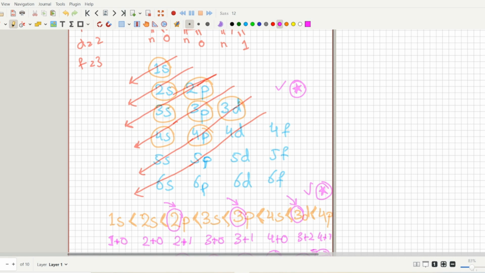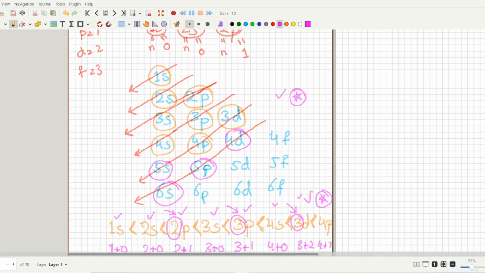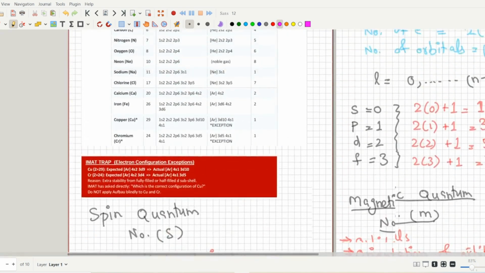For example, the first shell to be filled is going to be 1s, then the second shell to be filled would be 2s, then 2p will fill, and 3s will fill, and then 3p, and then 4s, and 3d, then 5s, then 4d, then 5p, and then 6s. So that's how electrons are filled in an atom.